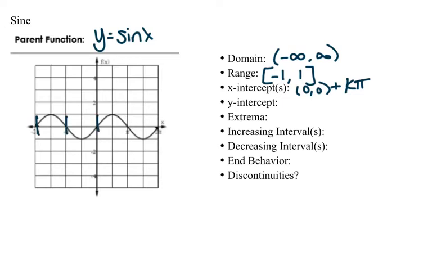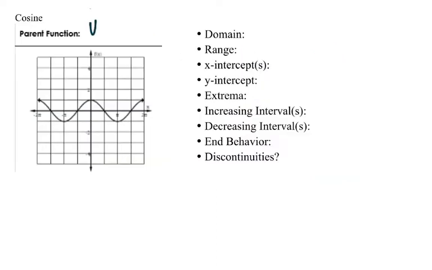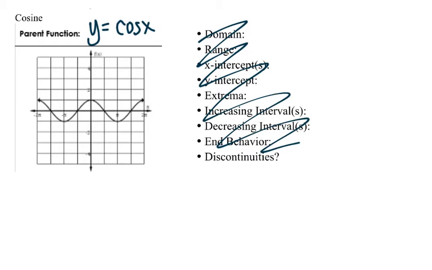So that's why I'm going to put plus k times pi, so some number times pi. So plus 1 pi, plus 2 pi, plus 3 pi, and so on. Your y-intercept, definitely (0, 0). We're just going to skip this right now, because we're going to go back over trig a lot more in some future units. I'm sorry, cosine. So remember, it looks like this. Let's just not talk about the key features. Just remember that these are your wave functions.